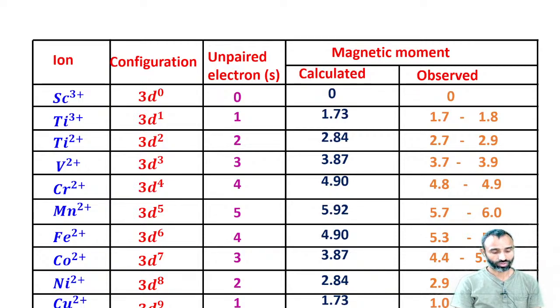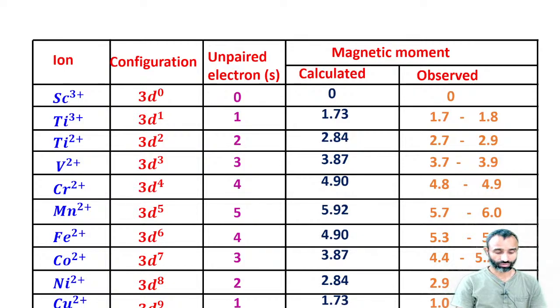It is because of the contribution from orbital magnetic moment. Actually, under root n into n plus 2 is because of spin only magnetic moment.